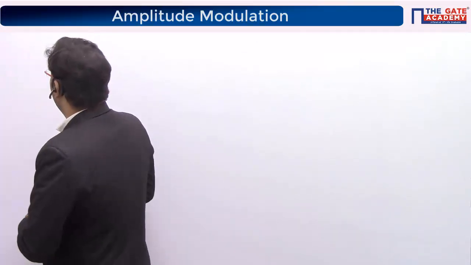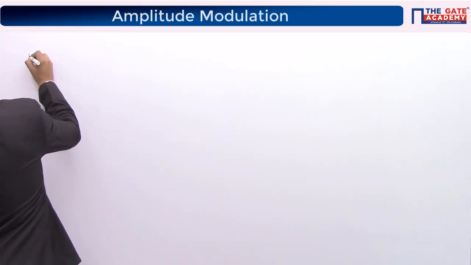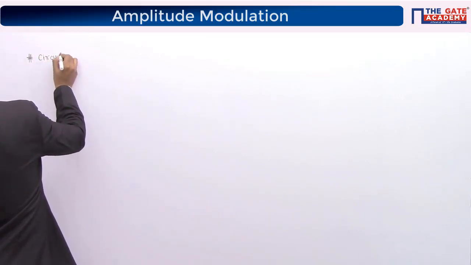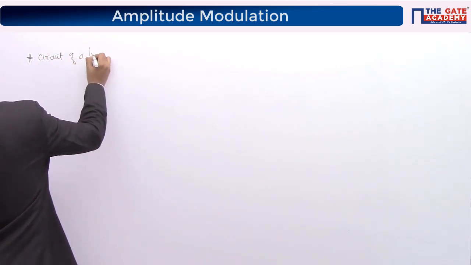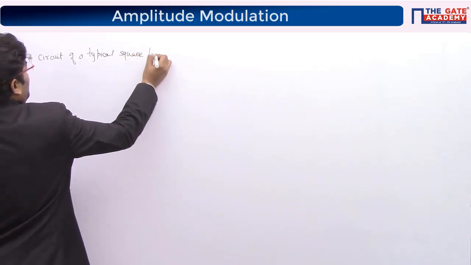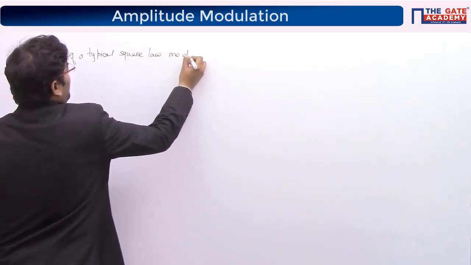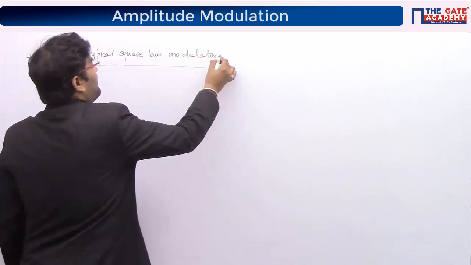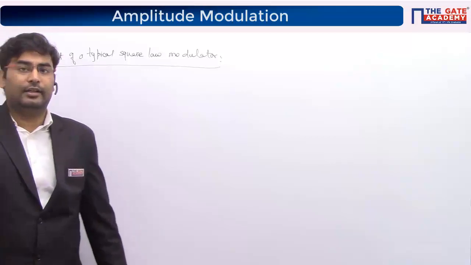Now, how does the circuit of a typical square law modulator look like? Generally, I don't do this, but let me show you one circuit from analog integrated circuits.